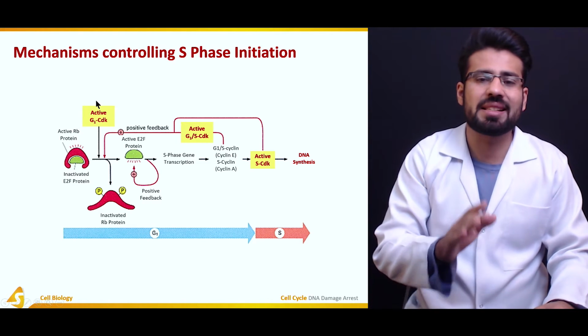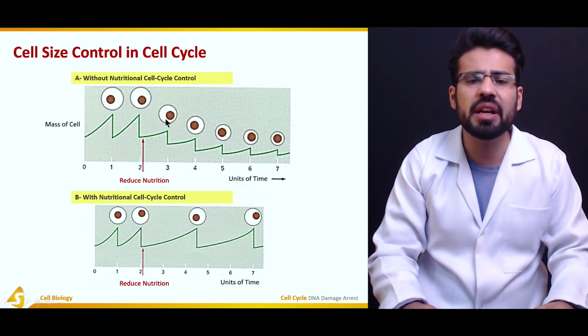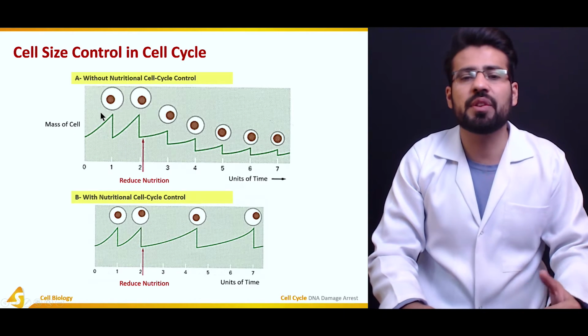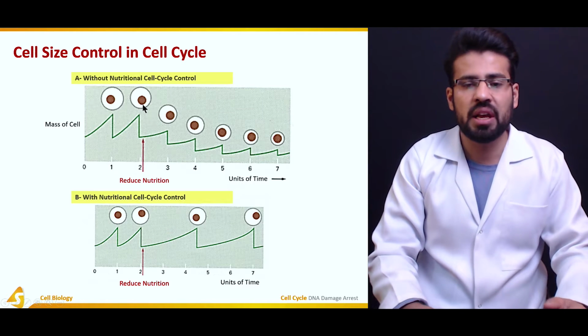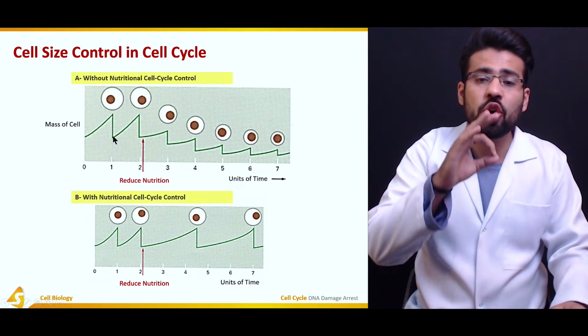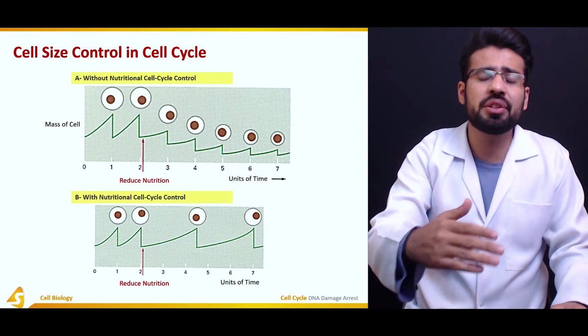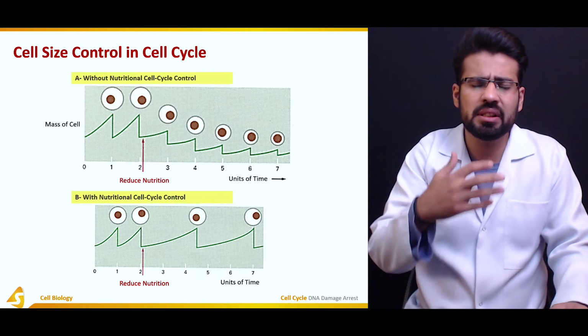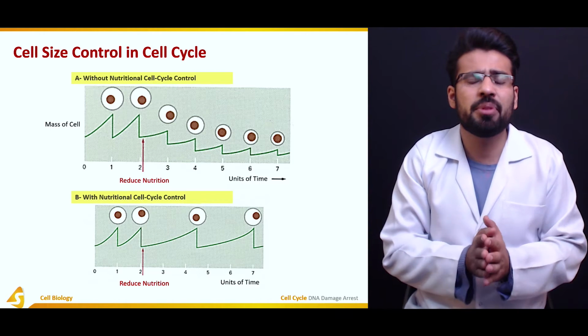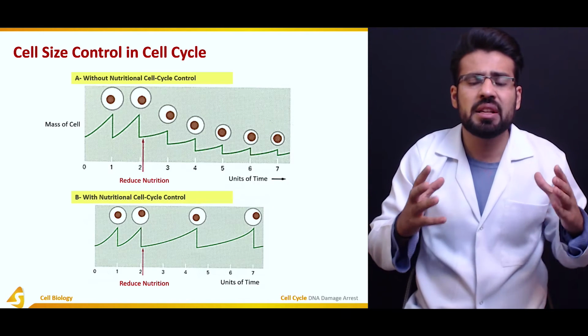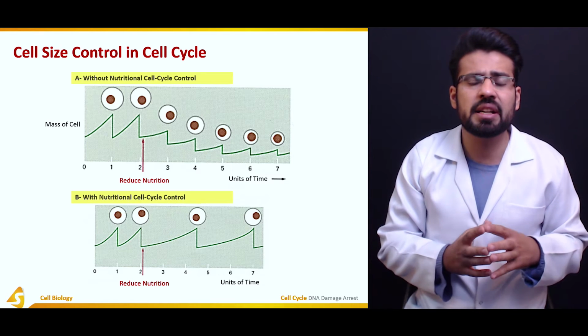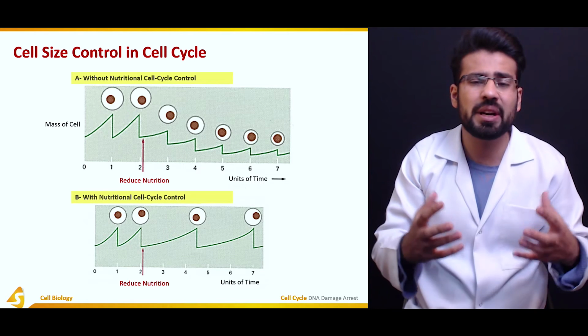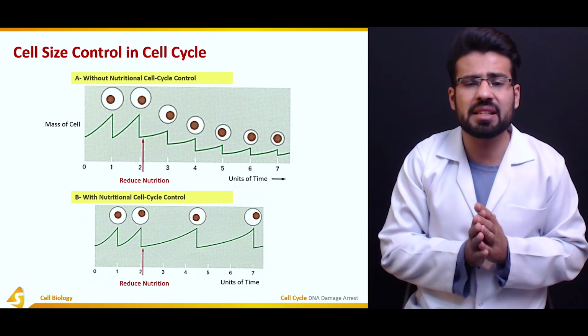Talking about cell size control in the cell cycle, what happens when the cell is without nutritional cell cycle control? In this case there is no control of the nutrition, and the cell has no way to respond to it.